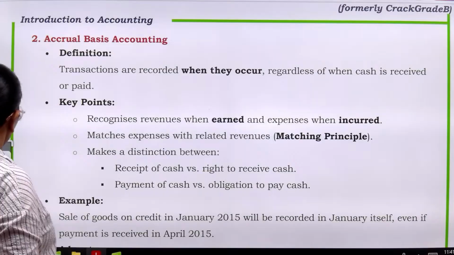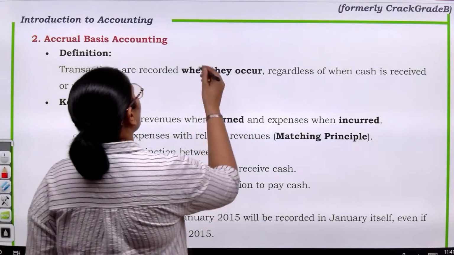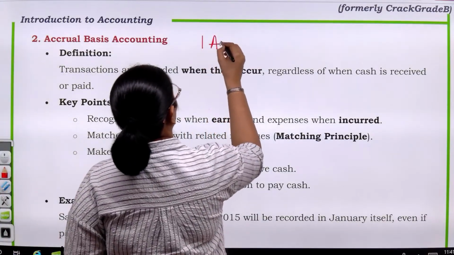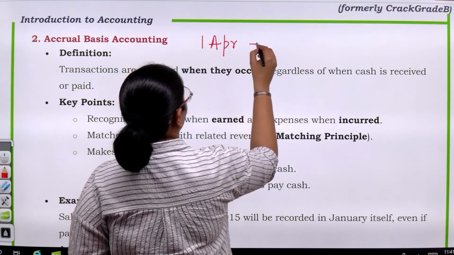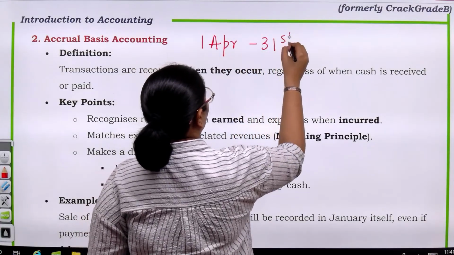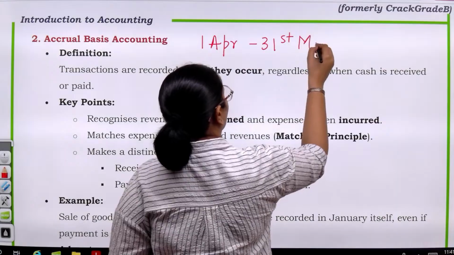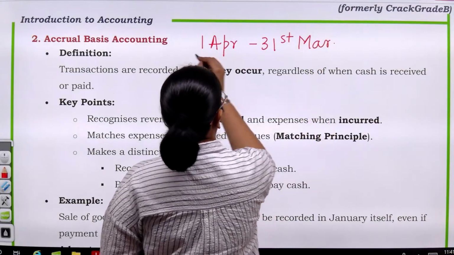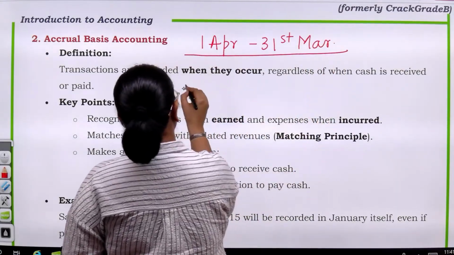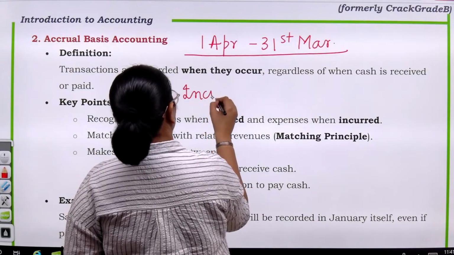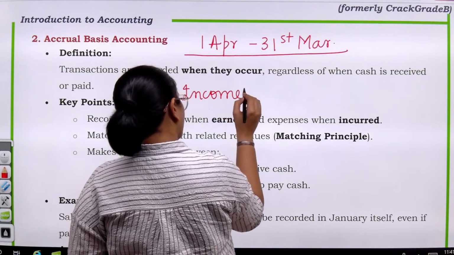Now accrual basis says that you are operating from 1st April till 31st March, right? First of all, write all the income that you have earned, okay?